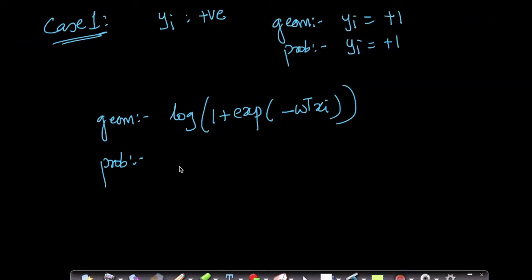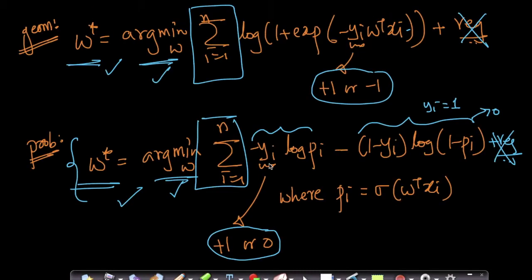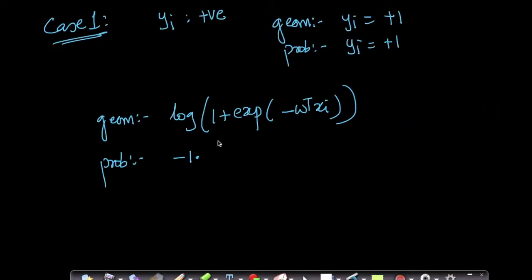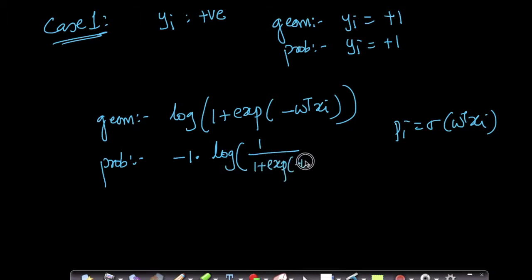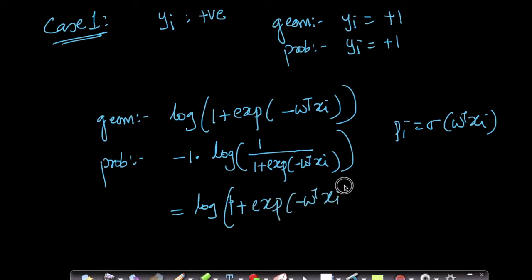So let's write that down. What are you left with? Minus yi, so minus 1, into log pi. What is log pi? Pi is the sigmoid function of w transpose xi. So it is log of 1 by 1 plus exp of minus w transpose xi. This is the probabilistic one. If you have minus of log of something, you can write this as log of 1 plus exp of minus w transpose xi.